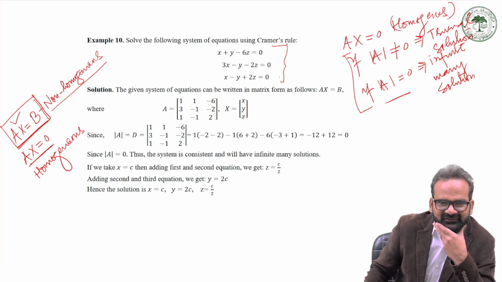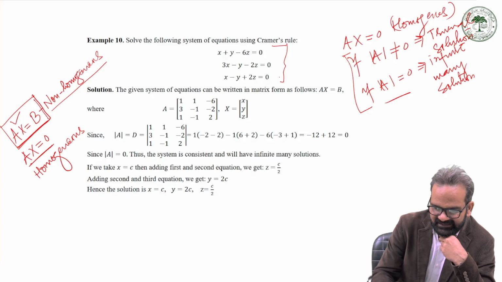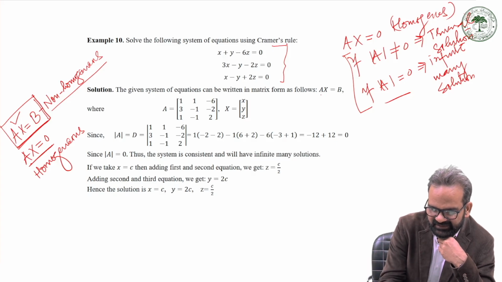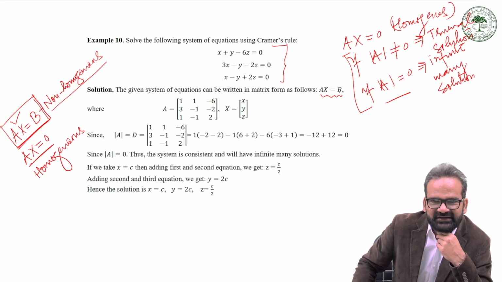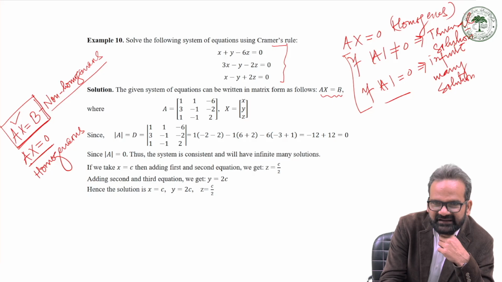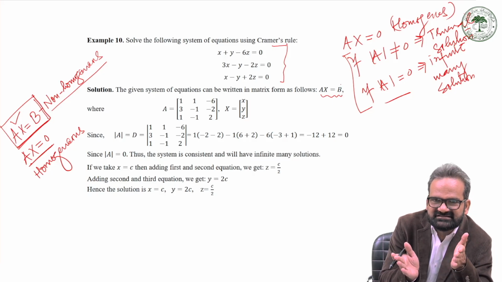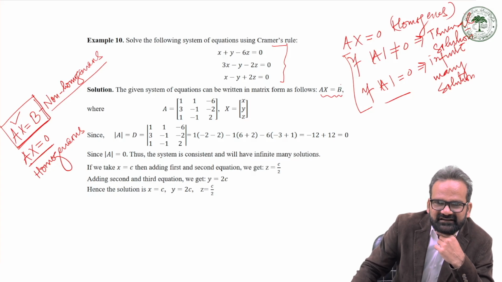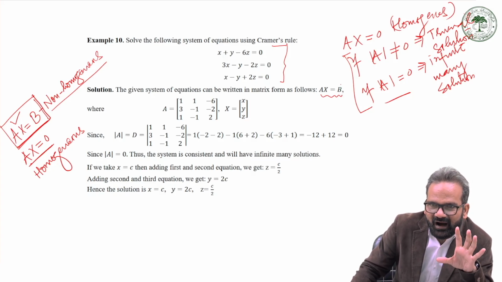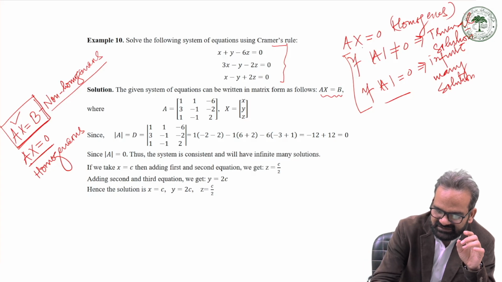We know that the given system of equations can be written as Ax equals B. This is the matrix notation of any system of linear equations. Here B is the entries at the right hand side of the given equations, and these entries are identically 0. Therefore, our system is homogeneous.